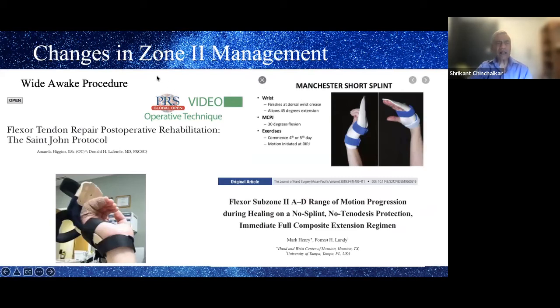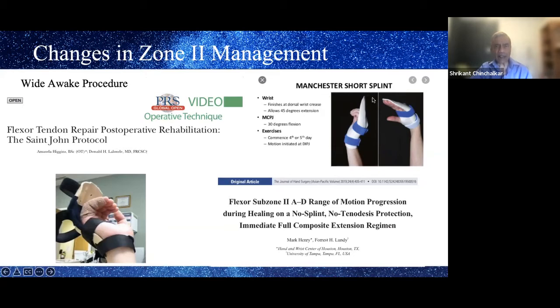So currently there are many changes that will be occurring in Zone 2 management. So we can very well understand Dr. Don Lalonde's take on flexor tendon rehabilitation. Especially they consider flexing the fingers to only 50%, but we decided to use that in a linear direction.